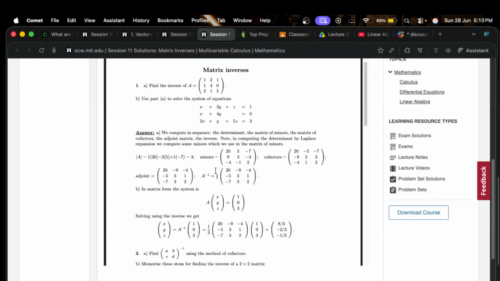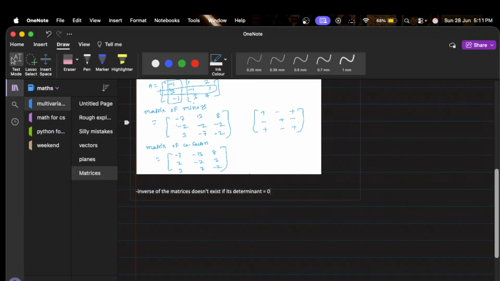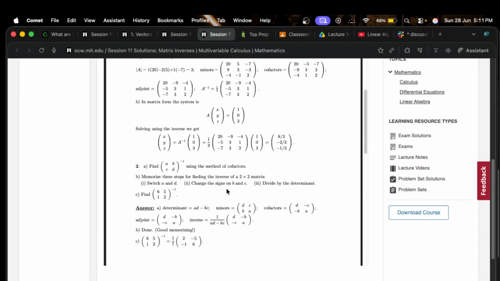I was just mentally finding the minors. Okay, I got it. And then for cofactors we just have to switch the sign. So plus, minus; if you start from plus, then plus, minus, plus. That would be the convention, right? Or does it start from negative itself? I don't think it starts from negative. It should start from positive here. So yes, I think we can just move to this.